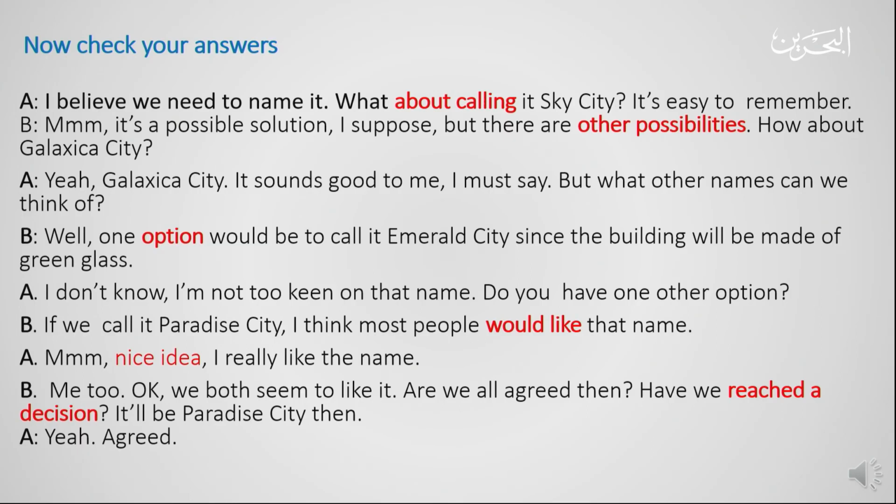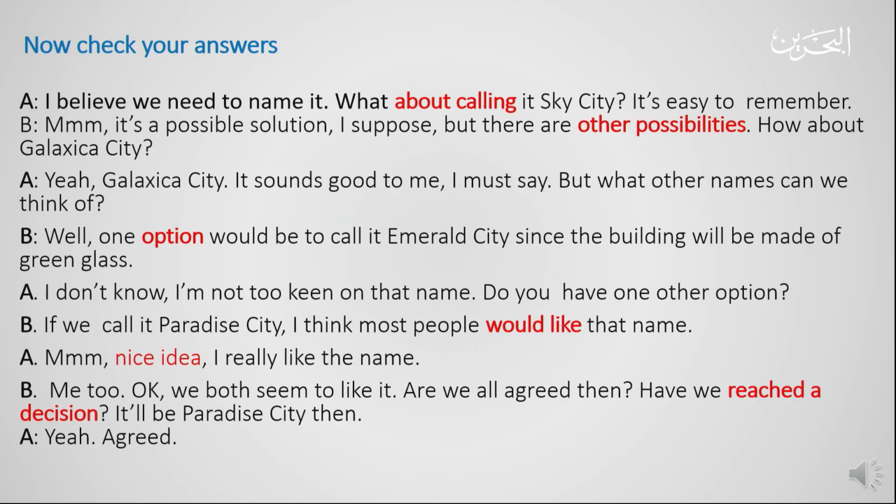B. Well, one option would be to call it Emerald City, since the building will be made of green glass. A. I don't know. I'm not too keen on that name. Do you have another option? B. If we call it Paradise City, I think most people would like that name.